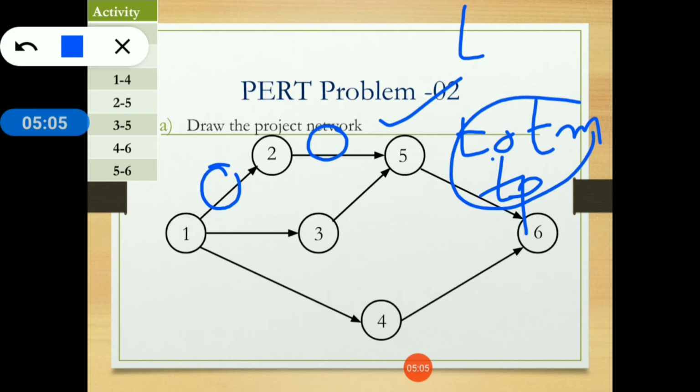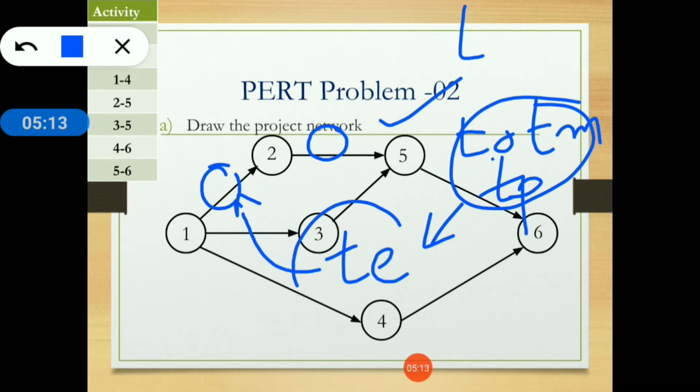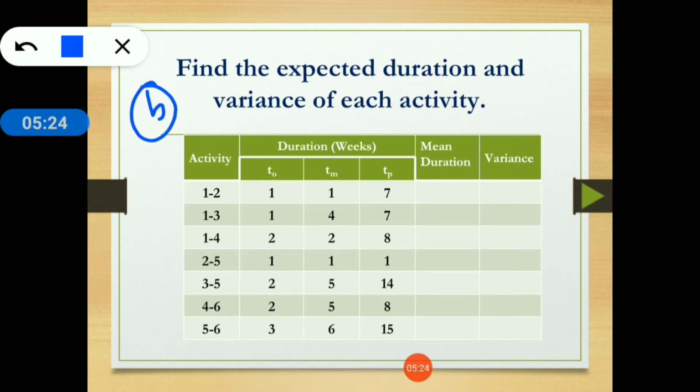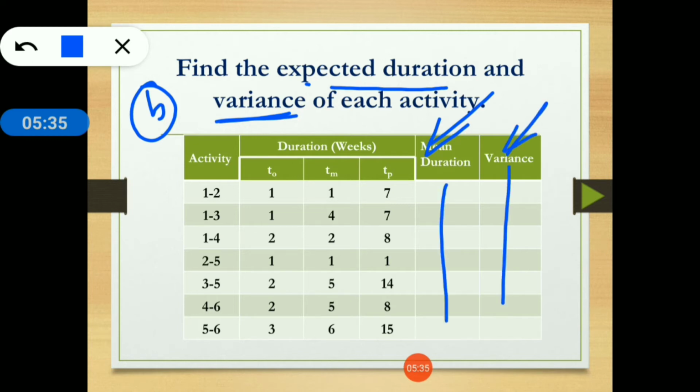Among these three values we have to find the estimated time, and this will become our activity time. In the example also, you have to find the expected duration and variance of each activity.